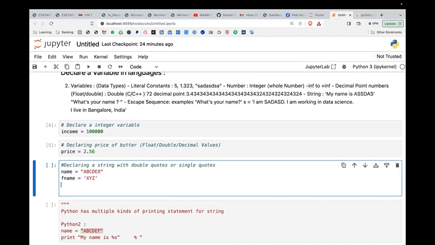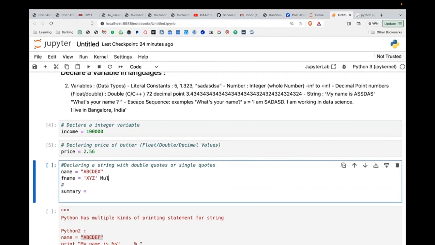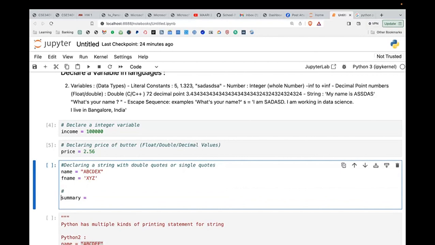Suppose you wanted to write your summary, which is a multi-line string statement. So right now I am declaring a paragraph, or a variable which stores multi-line statements.